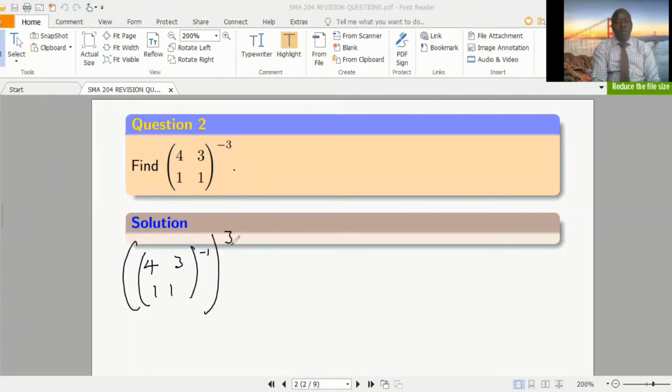That is one way of doing this question, that we will first of all find the inverse of this matrix. Then after finding the inverse of this matrix, raise it to 3. Or the other way would be to take this matrix, raise it to 3, and then find the inverse of the resulting answer.